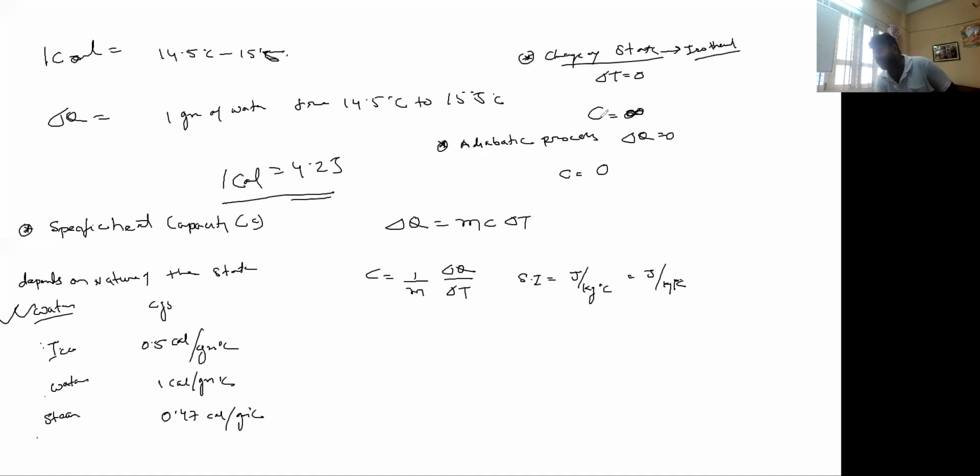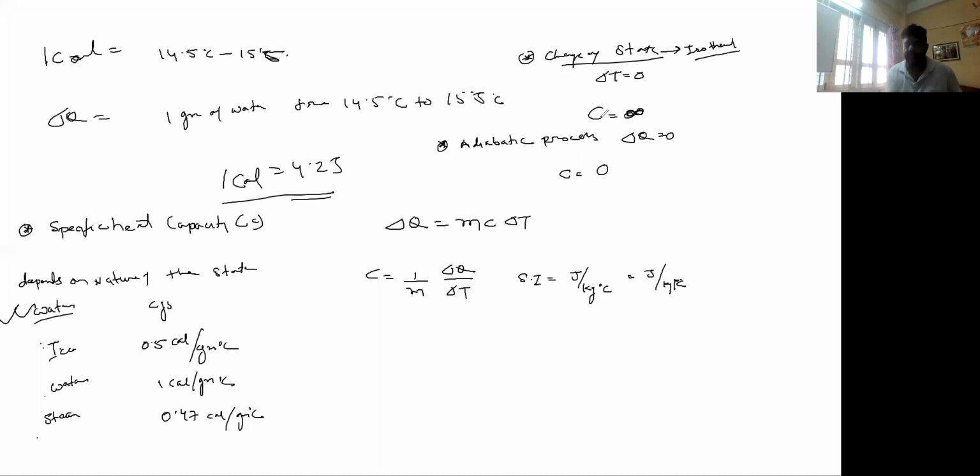Negative specific heat means that in order to raise the temperature, a certain quantity of heat is to be withdrawn from the body. हम temperature बढ़ा रहे हैं और वो heat withdraw कर रहा है. Example, saturated water vapor. So these are informative type questions. Specific heat capacity of saturated water vapor is negative.